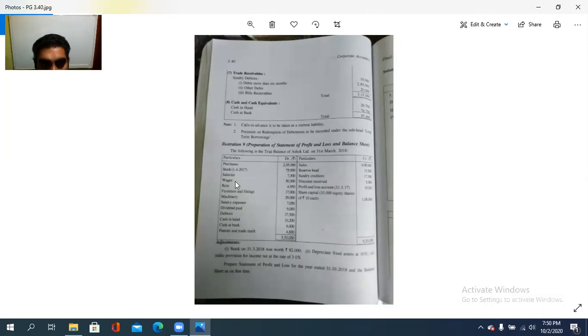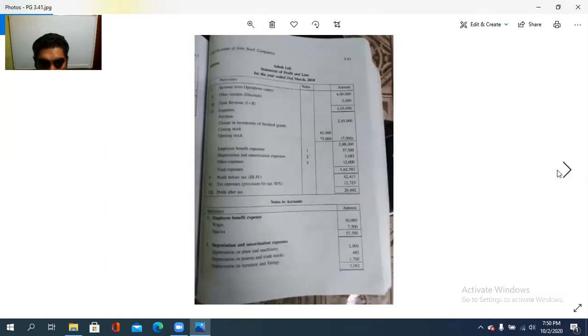So where are the fixed assets? Furniture 1,700, machinery 2,900, and patent and trademarks 483. So 10%, that is 5,083. This is the depreciation and amortization expenses.